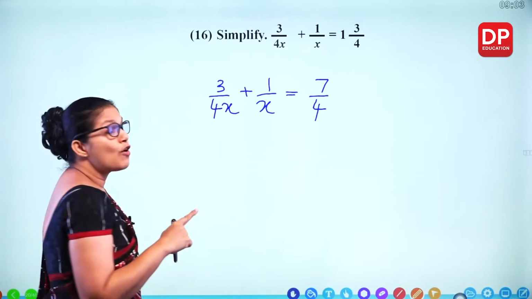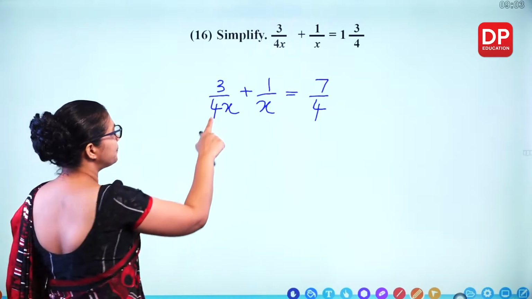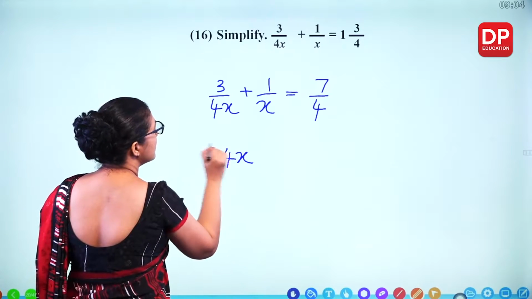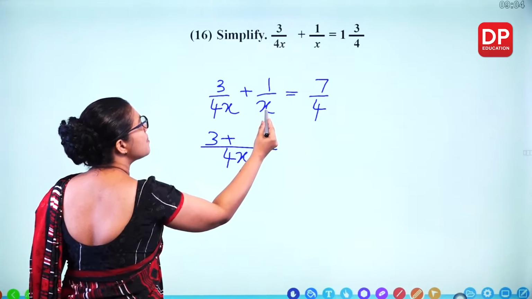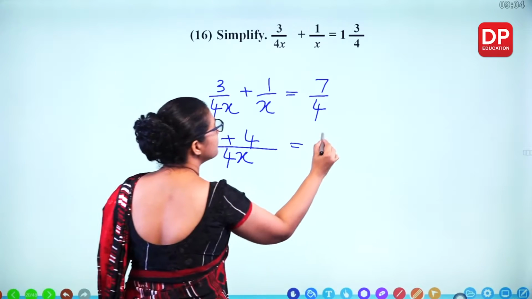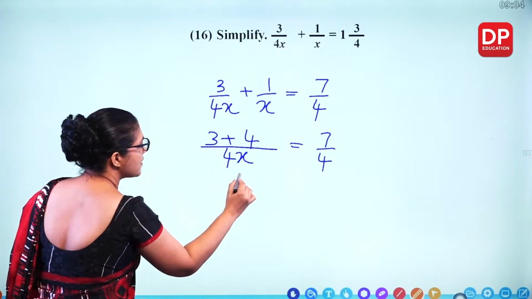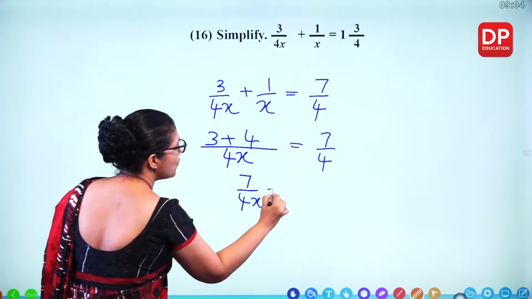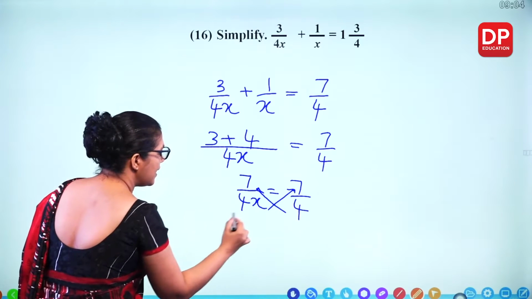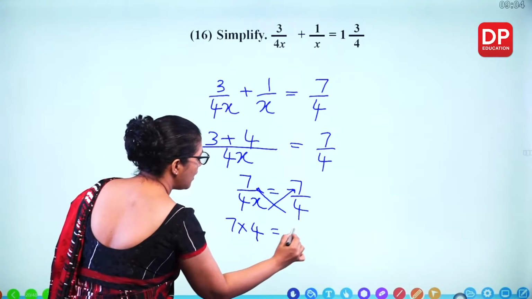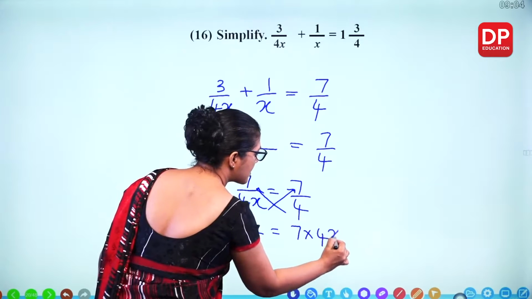What's the common denominator? Lowest common multiple? 4x. Convert to 4x. Here 3 already there. Multiply by 4. 4 plus 3 is 7. Now what we do? You can cross multiply. 7 times 4 equals 7 times 4x.